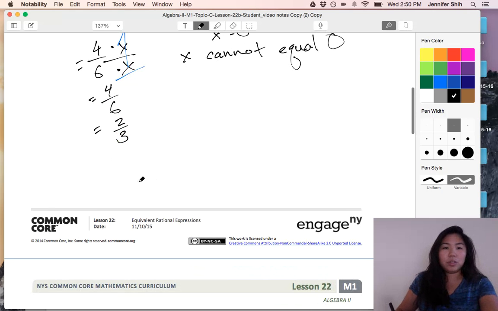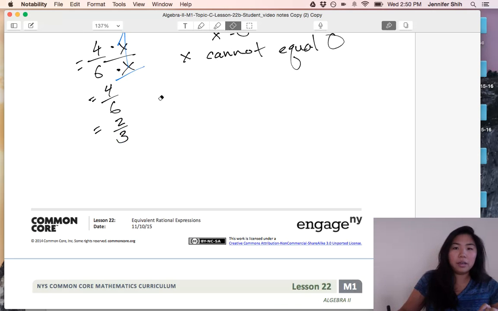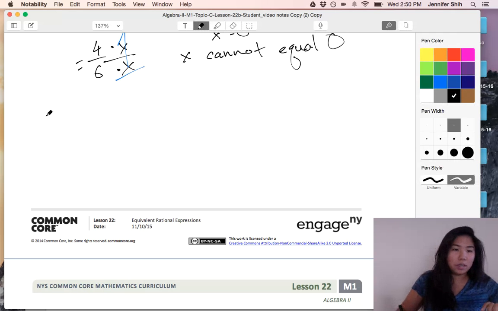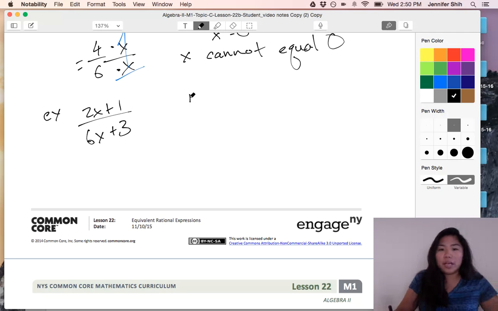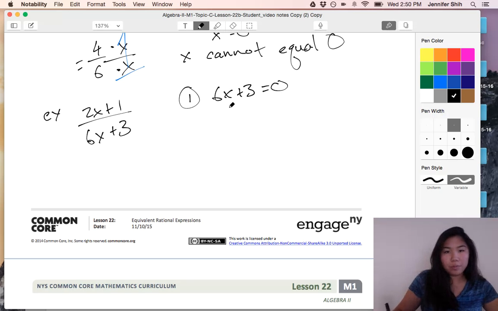Another example I'm going to do is, I'm going to clear some space. We're going to do an example that is 2x plus 1 over 6x plus 3. Again, step 1, find the values of x that make the denominator 0. So 6x plus 3 is equal to 0. And then we have to subtract 3 on both sides to isolate x.